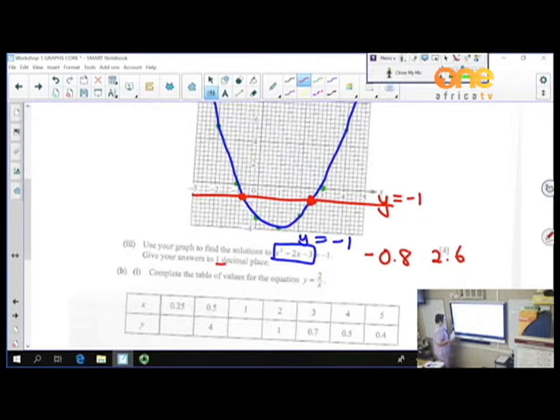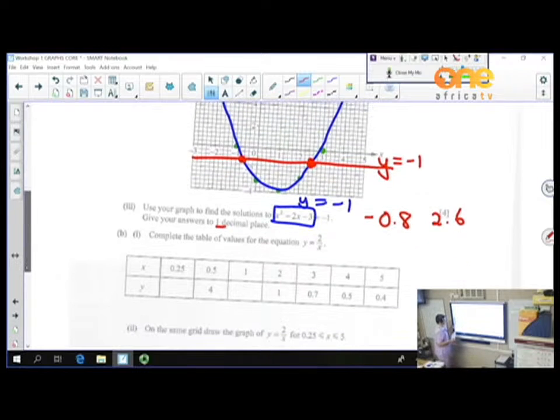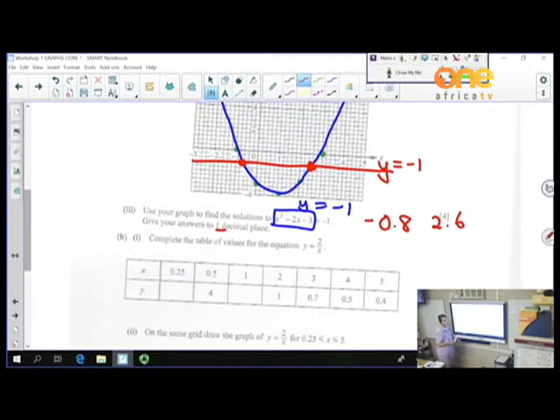Okay, now we go to the second graph, but we're going to draw it on the same axis. But first we have to complete the table. And immediately I can see that this is a hyperbola. That's the third kind that we've learned now. So the shape is going to be something like that.